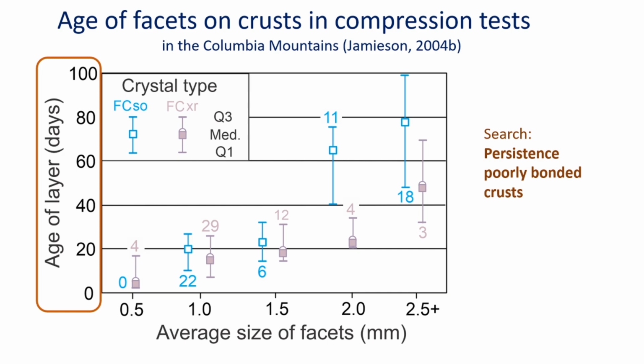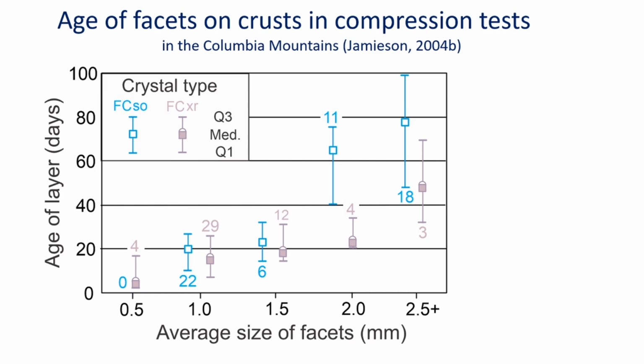For each size class of crystals, the sharp facets in blue are plotted separately from the rounded facets. The number near each symbol is for the number of sites at which multiple compression tests on the layer gave consistent results. The bars show the range in age of the facets, specifically the middle 50% of the range.